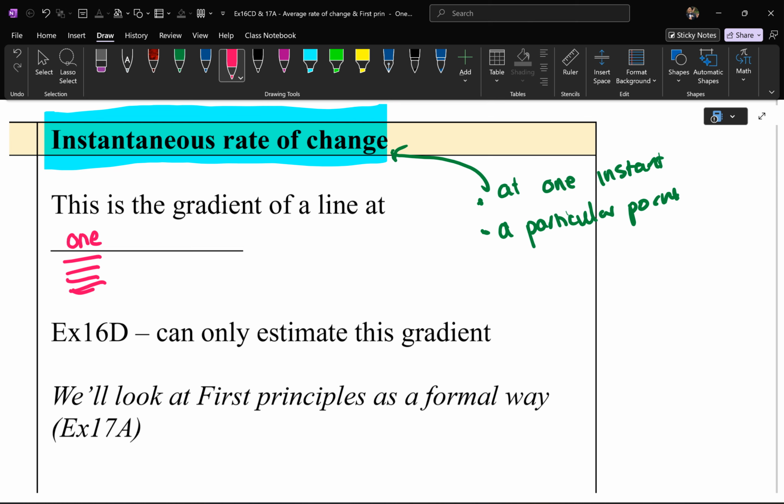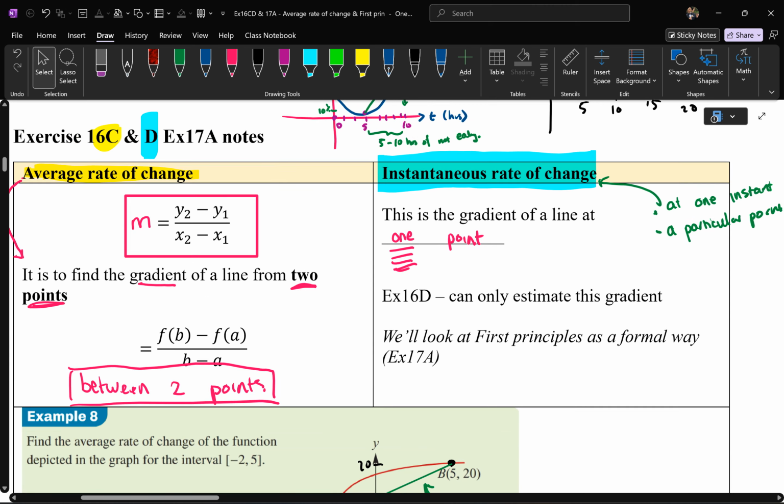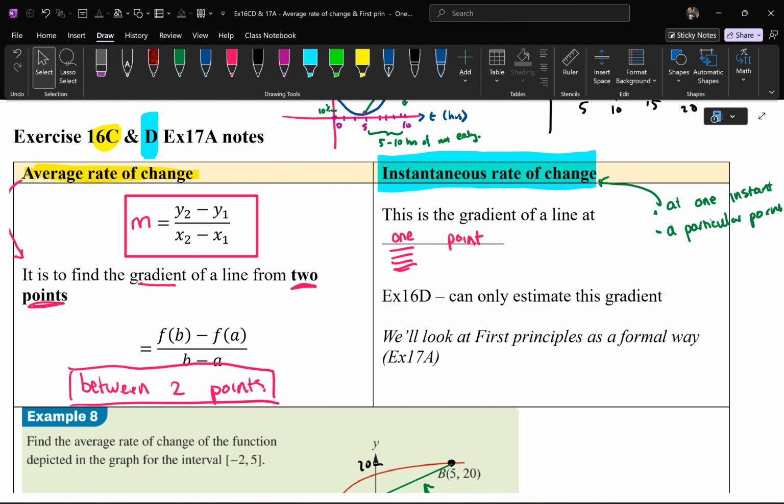Really key word. What is the difference between the two? Average rate of change means find the gradient between 2 points. So they have to give you a range or domain. Instantaneous rate of change, which is really the study of calculus, and it's the introduction to it, is how do you find the rate of change at that very specific moment?